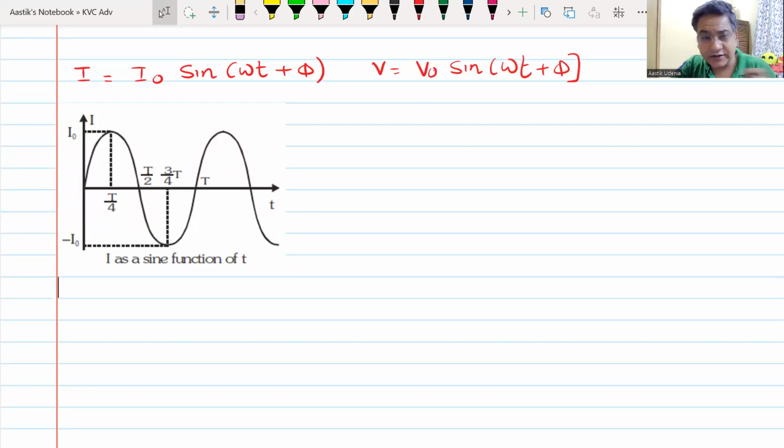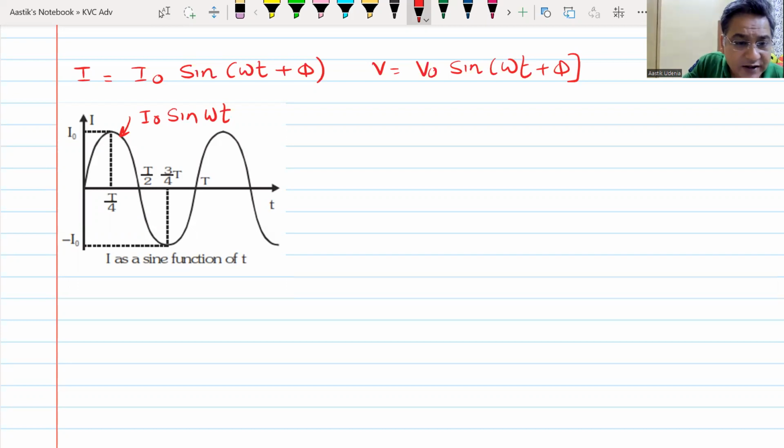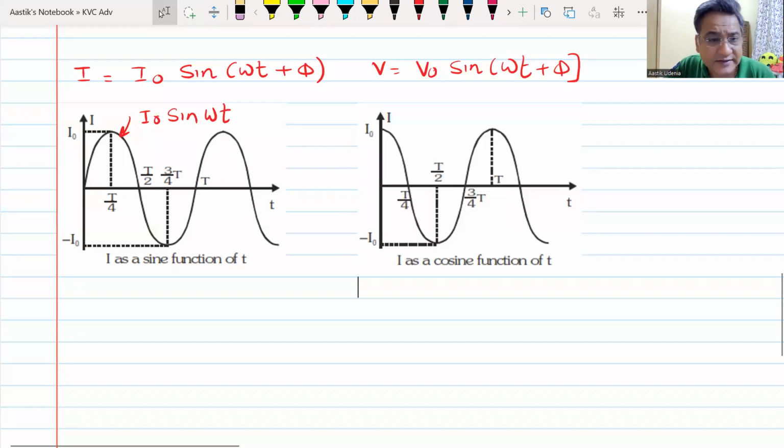Remember here, I have taken this as the graph of I naught sine omega t, and the phase phi is taken as 0. Do we understand this? Yes. Now, on the phase phi, if this was a graph of a cos wave, the graph of the cos wave would have looked like this. I hope all of you understand this. Yes or no? Yes, sir.